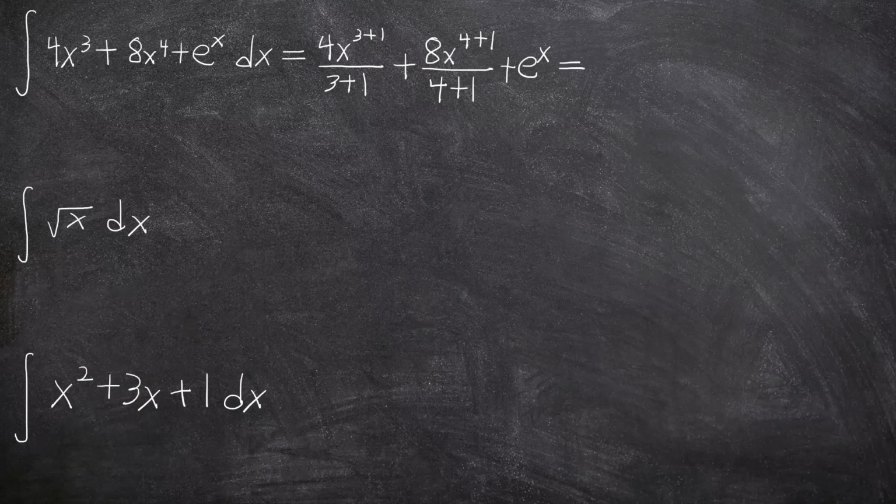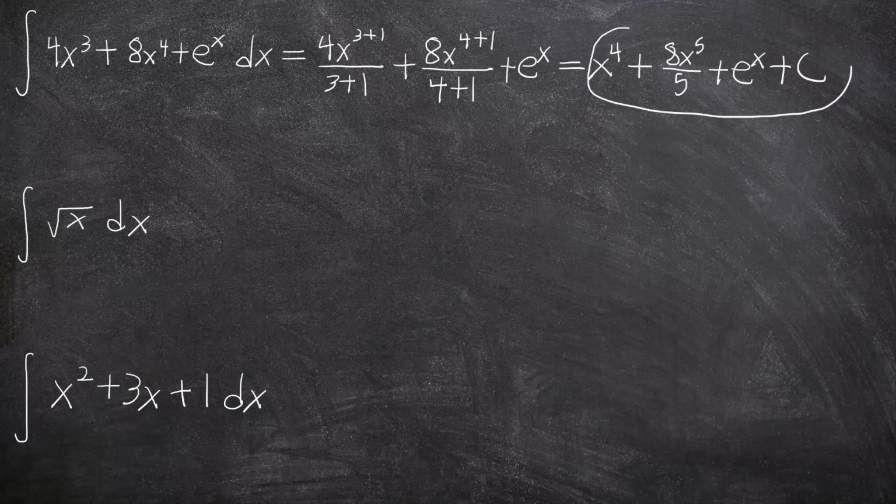And doing the math for these terms, this would just simplify down to x to the 4th, since we would get a 4 in the numerator and the denominator, and they would cancel out. And the second term will be 8x to the 5th over 5 plus e to the x plus c. And this is our final answer for the first one.